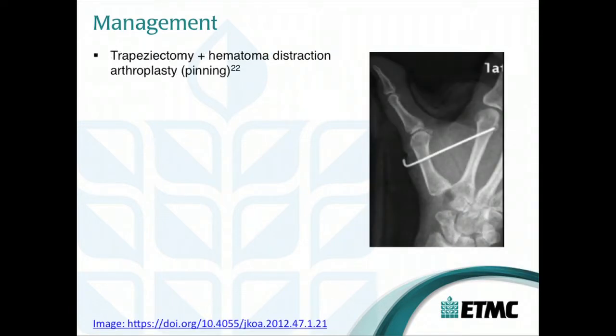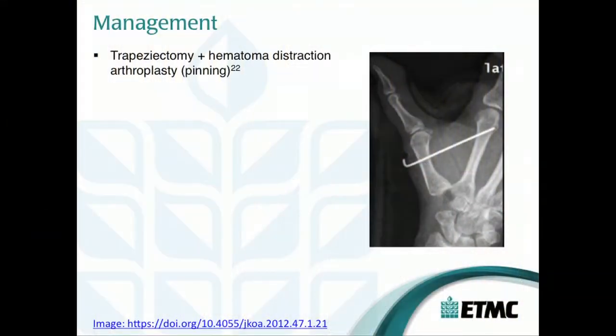A little bit more than that is doing trapeziectomy, meaning removing the bone, and a procedure called hematoma distraction arthroplasty. This is just a fancy way of saying that we remove the bone, but then we also put a metal pin temporarily, either from this bone into the index metacarpal bone, or from this bone into one of the carpal bones.